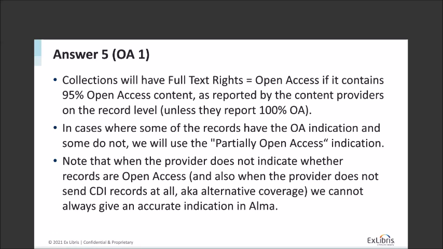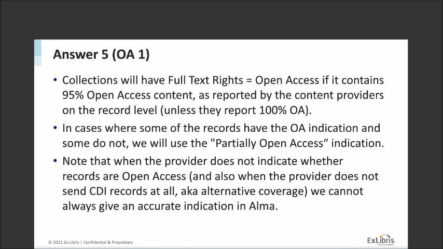So again, we're talking about the descriptive field full text rights, which currently has 4 values in the ALMA: subscription collection level, subscription link resolver, open access, and partially open access. So we will use open access if the collection, which means the CDI records of this collection, contains 95% of open access content as reported by the content providers on the record level.